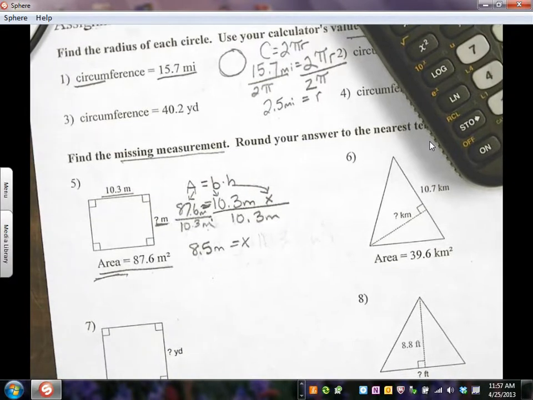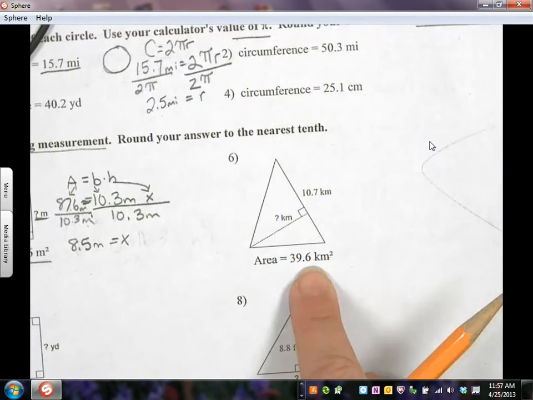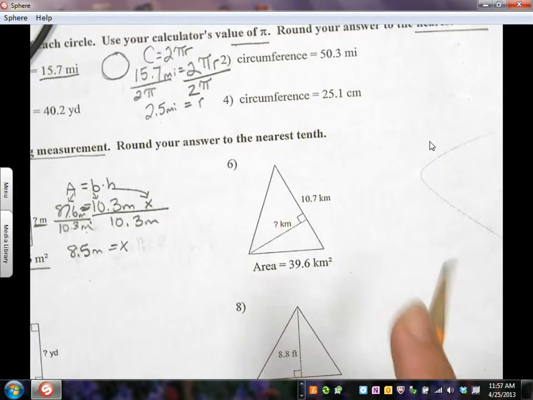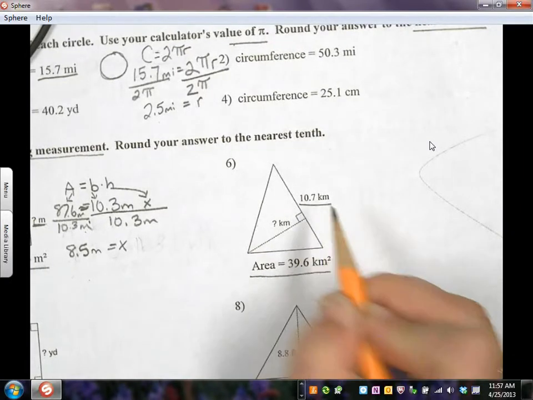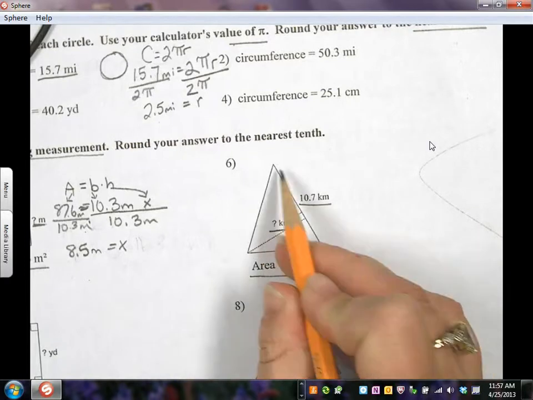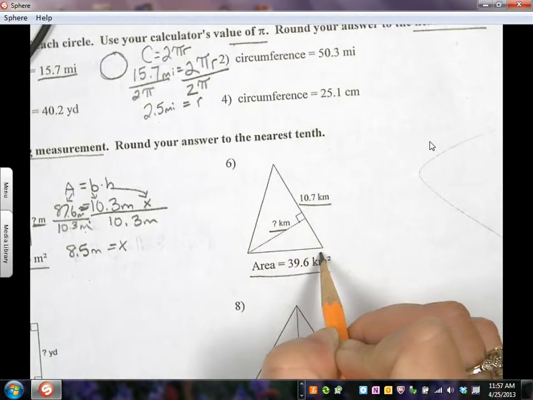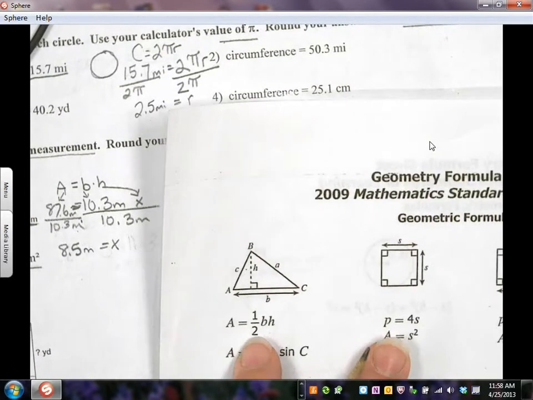Shall we do a triangle for you? Okay, let's look at this one. Oh, look, they gave me the area again. They gave me a base, and I'm trying to find this, which is perpendicular to that base, so this is the height. So what is my formula for the area of a triangle?